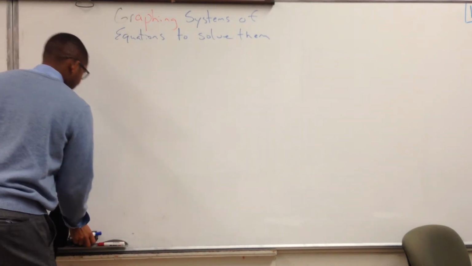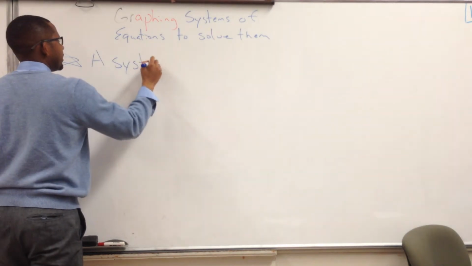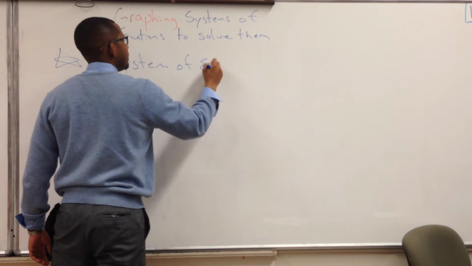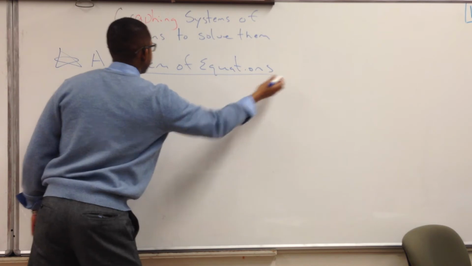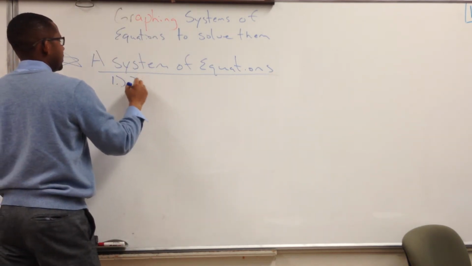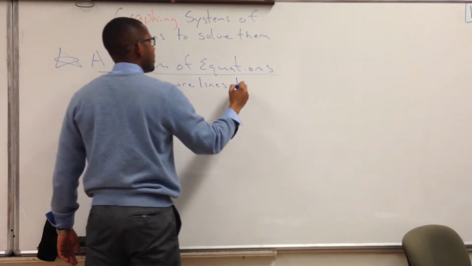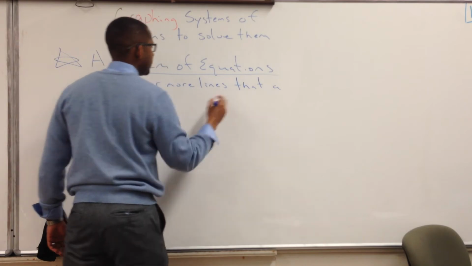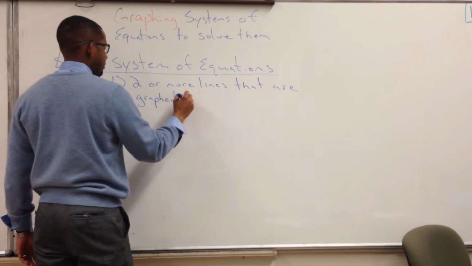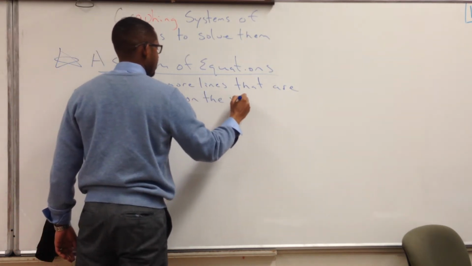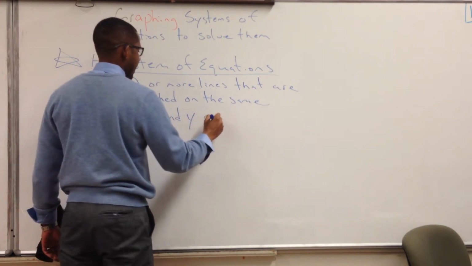But I guess we should talk about what is a system of equations. A system of equations, okay, is two or more lines that are graphed on the same x and y axis.